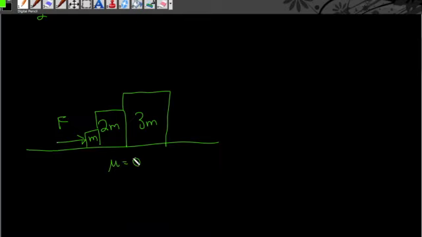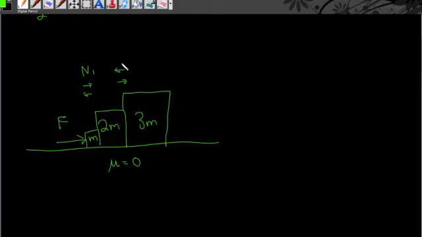So I'll just say mu0. Across a frictionless table, let n sub 1 be the normal force between the left two boxes. So these two are exerting normal forces of n sub 1 on each other. And let n sub 2 be the normal force between the right two boxes.